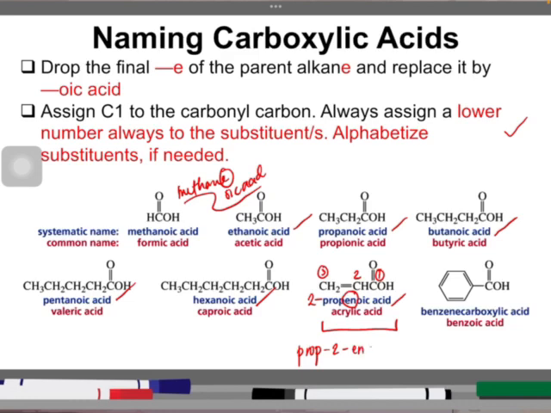Okay? So, yung number 2 nilagay na sa unahan, sa loob ng parent. This one naman ay benzene carboxylic acid. So, you have the benzene ring and then nilagay na lang yung word na carboxylic acid.